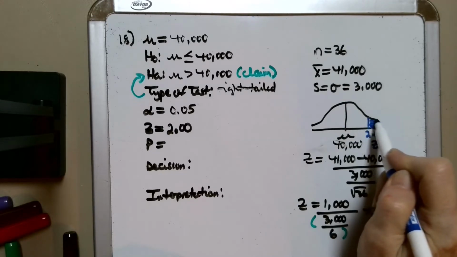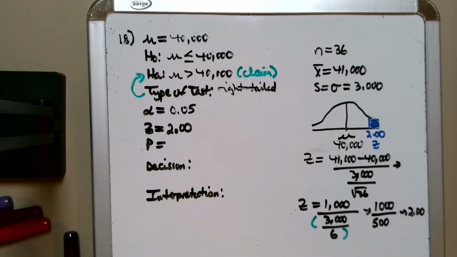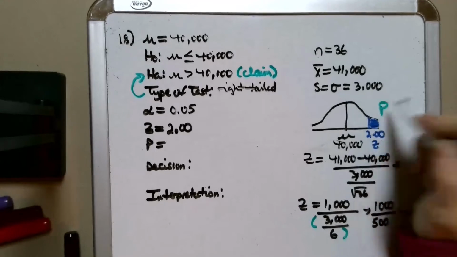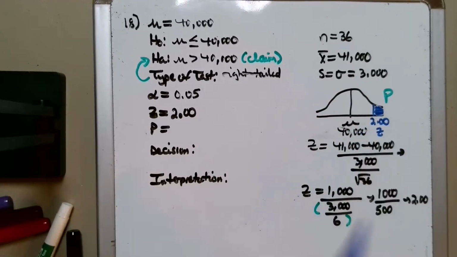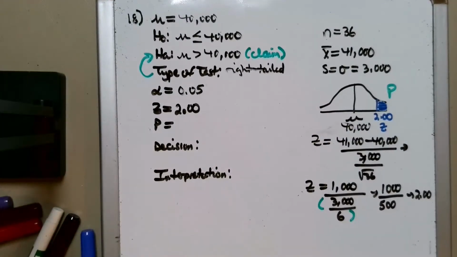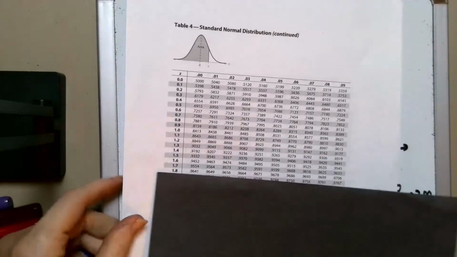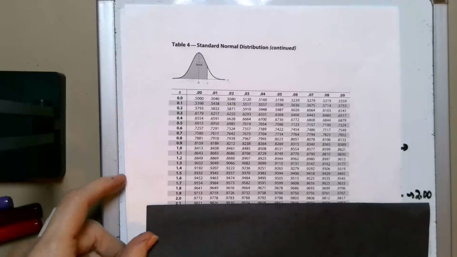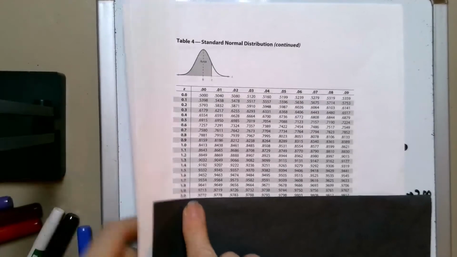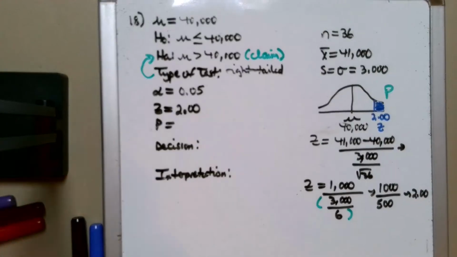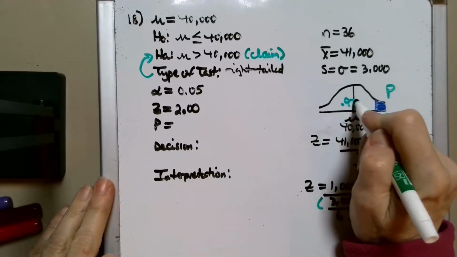I'm going to shade the right tail, and so my right tail in a right-tailed test is my p-value. Probability of finding a result more extreme than the one we got. So I'm going to look up 2.00 on the positive z side of the table. Remember, when I look up 2.00, I get the area to the left of 0.9772, because that's how our table works.